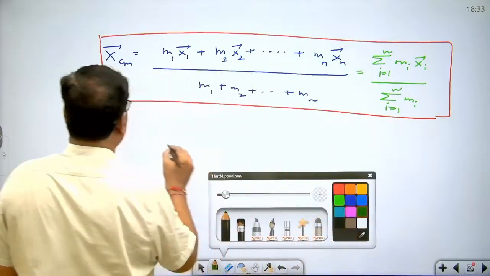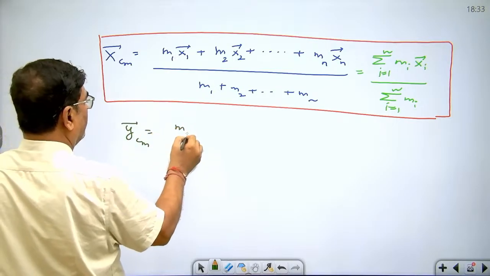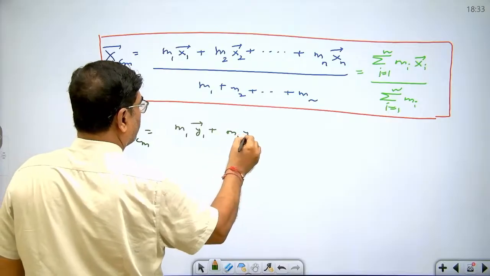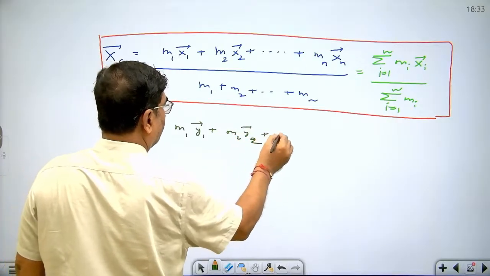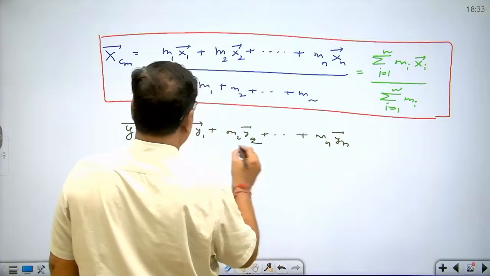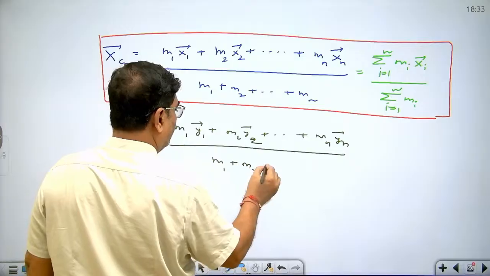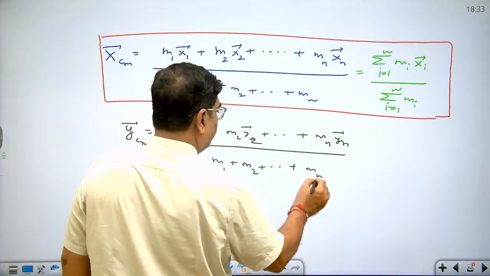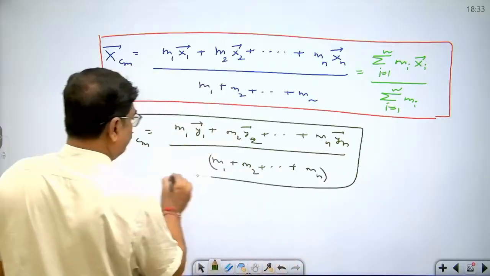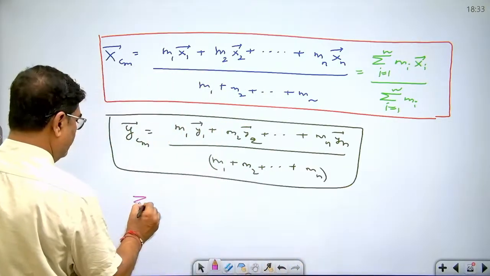And now YCM in a similar way. M1 Y1 plus M2 Y2 plus dot dot Mn Yn, divided by M1 plus M2 plus dot dot plus Mn. This is YCM. And in a very similar way, this is ZCM.